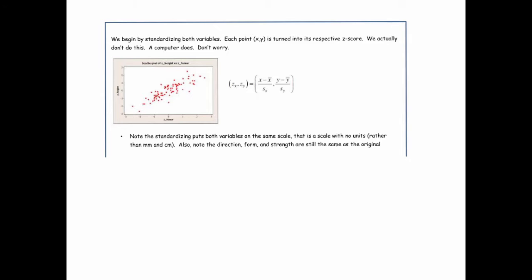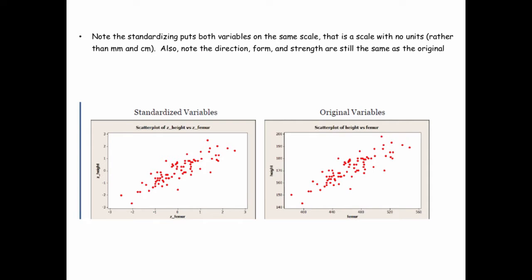When you do that, the overall shape of the scatter plot won't change. But what you will do is you'll convert the mean point, meaning the point that is the average of the two, so that it becomes the origin. And we'll see in the next picture what we do from there. Here again, to emphasize, the original variables are here on the right, and you can see the shape.